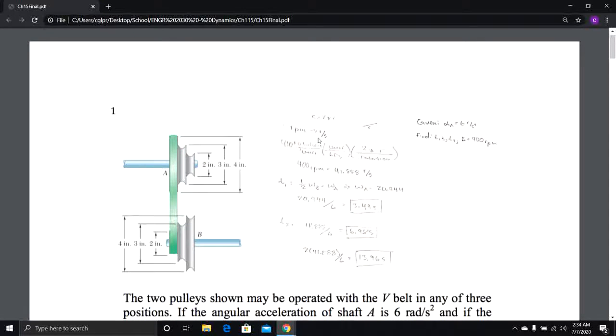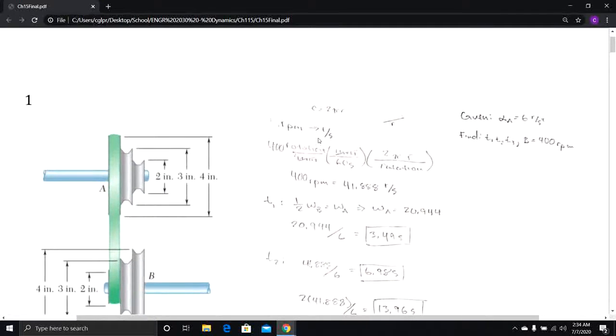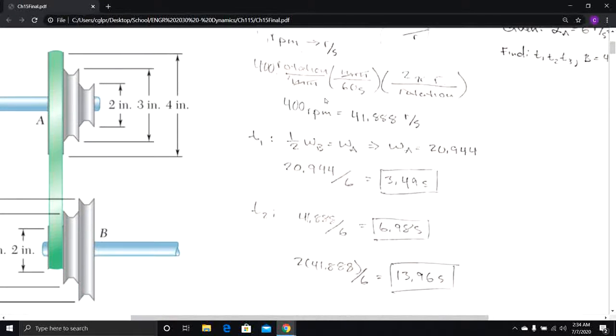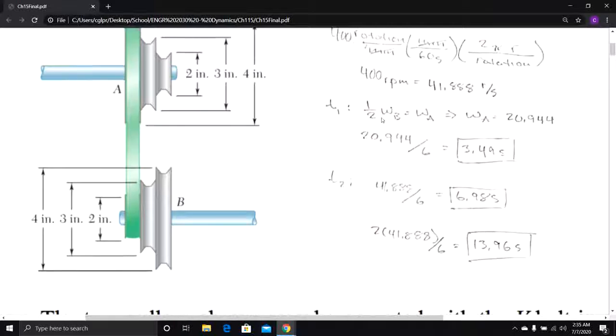So I just broke it up into time 1, time 2, and time 3. Going to want to convert RPMs into radians per second. Ends up being about 41.9 radians per second. Can then look at the relationship here.